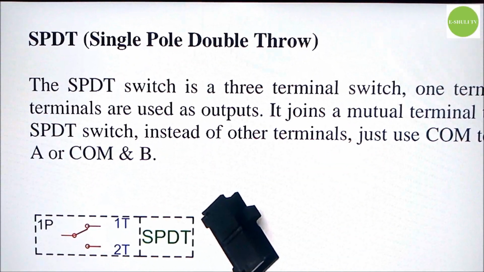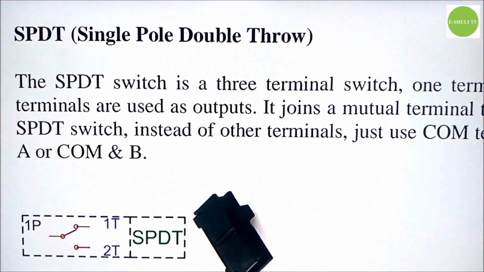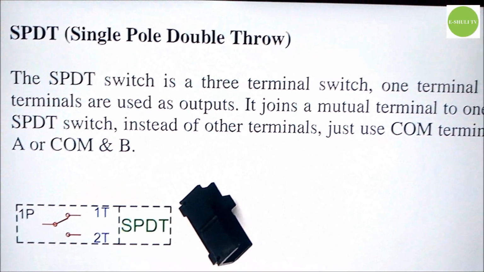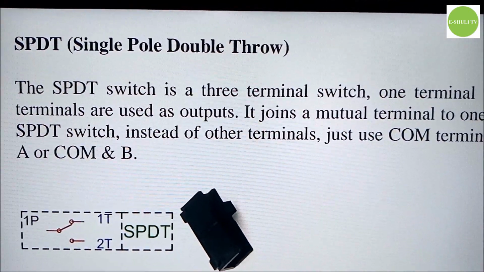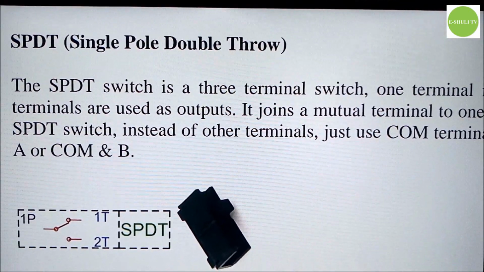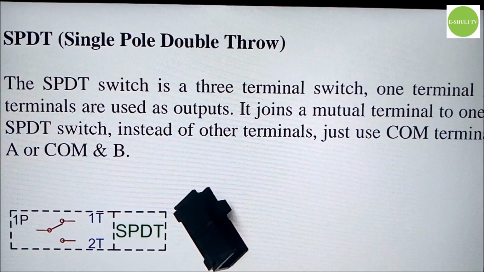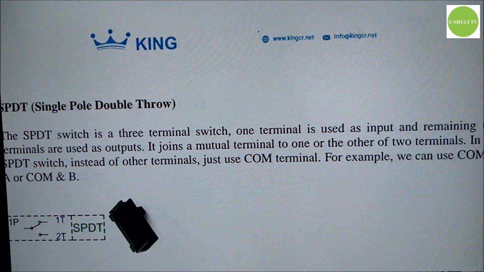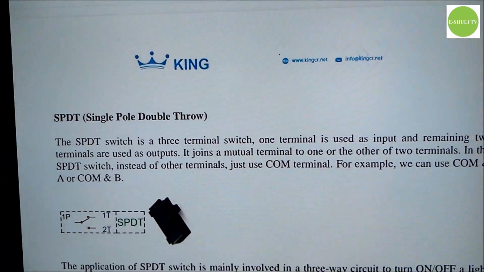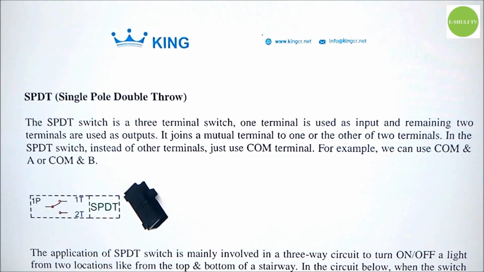You see, next switch is the single pole double through. The single pole double through switch is a 3-terminal switch. The one terminal is used as input, remaining 2 terminals are used as output.